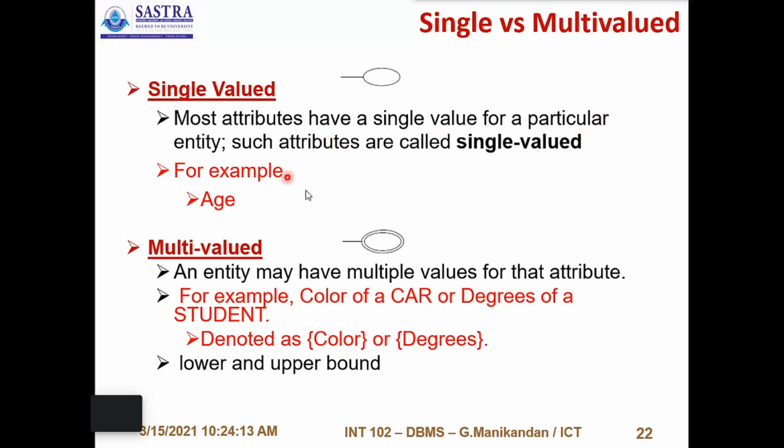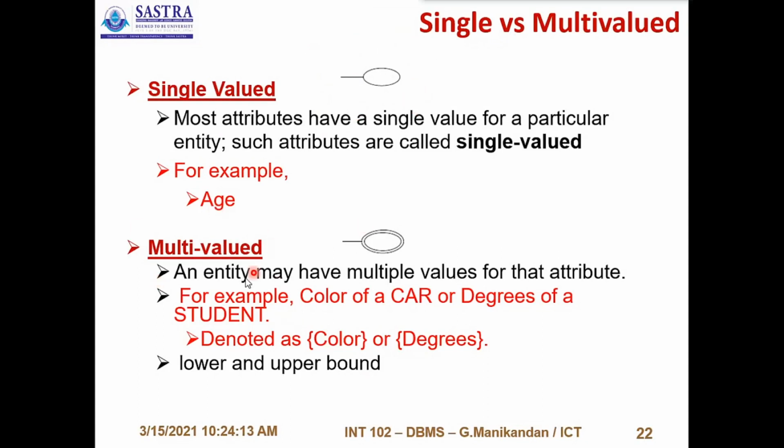So those attributes are called single valued attributes. Practically, visualize this scenario. If I ask you what is your age, you will not say that my age is 18, 19, 20, 21. It may be 18 or 20 or 45. So if age is an attribute, it is going to accept only a single value. This is the notation you have to use for representing the single valued attribute.